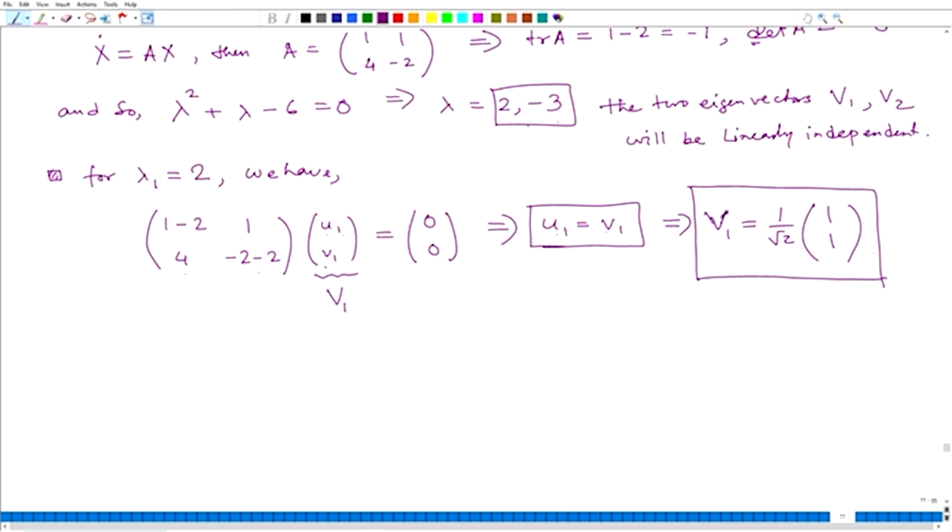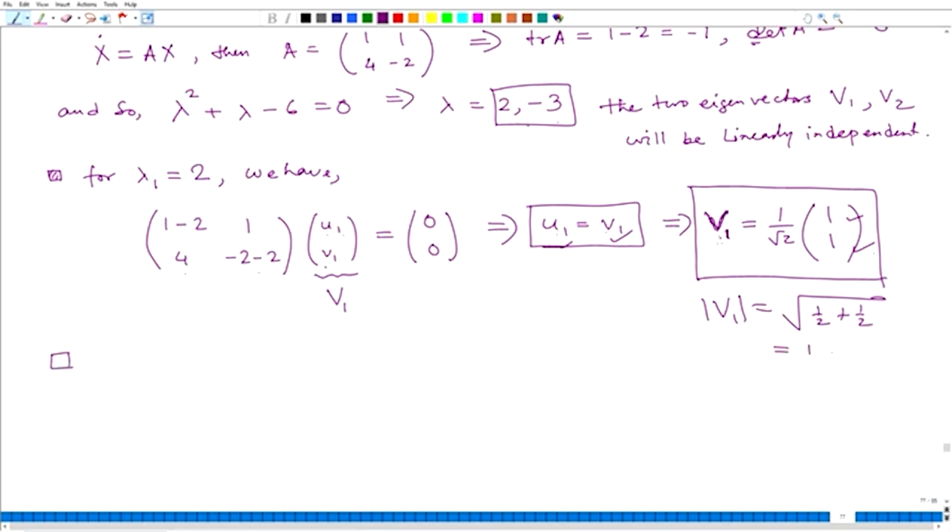From all these arbitrary choices, we construct V1 in such a way that the norm, or the magnitude, of V1 is 1. If instead of 1 1 you write 1 by root 2 and 1 by root 2 for both u1 and v1, then the mod of V1 is nothing but root of half plus half, which is equal to 1. So, that is the trick.